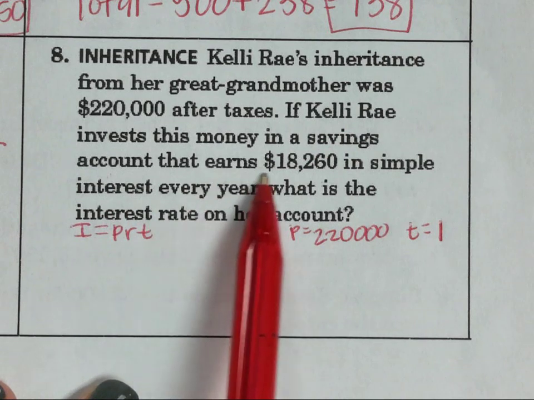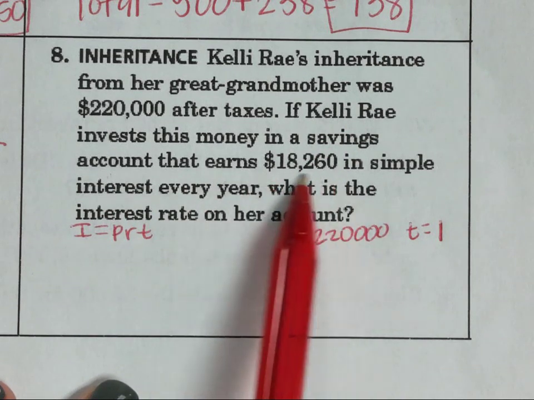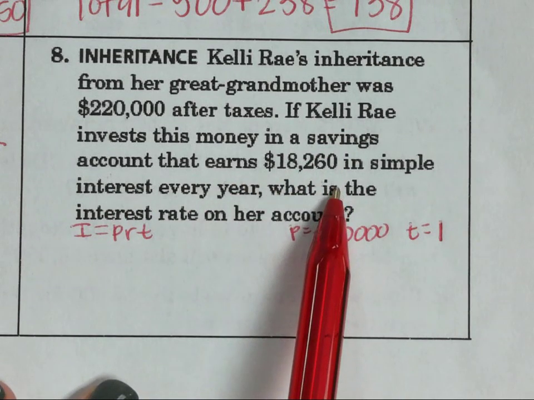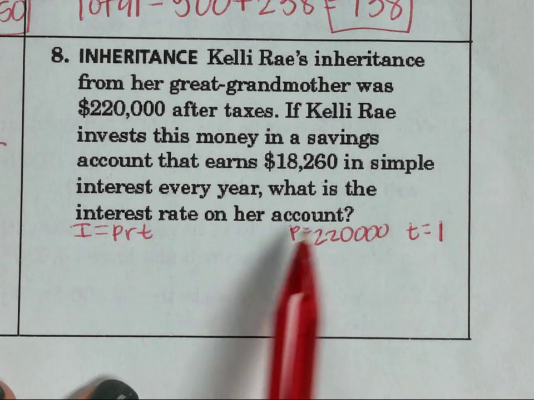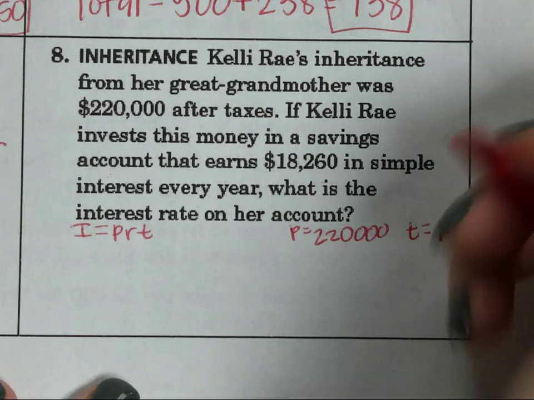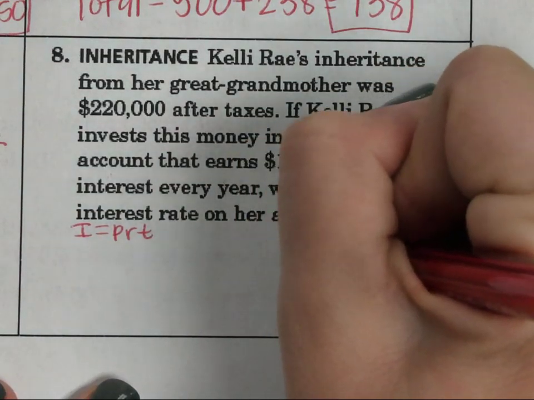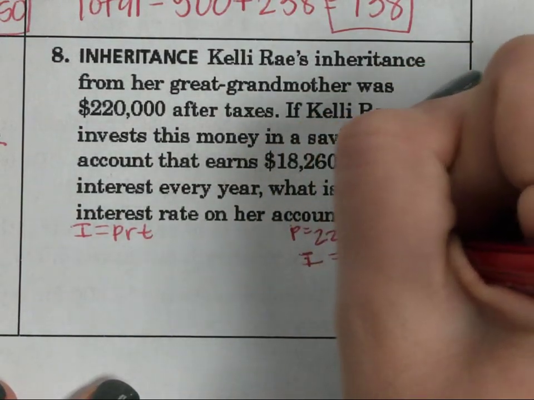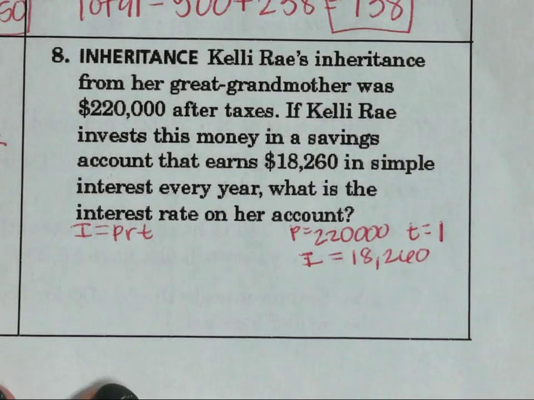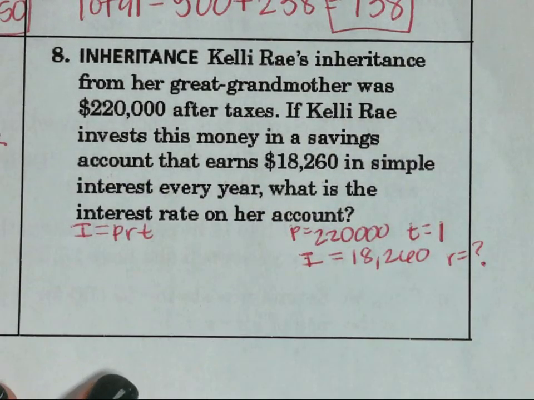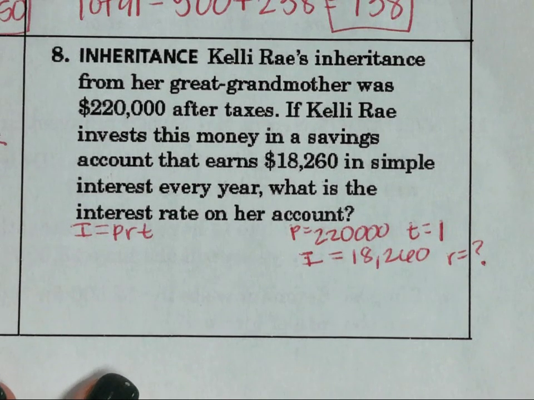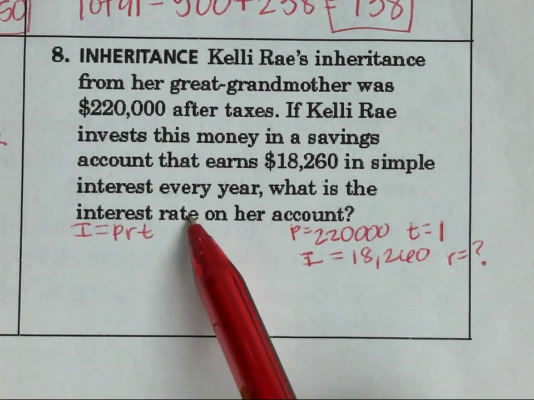So what variable is 18,260? I already found P and T. I is 18,260. Remember that R is what I don't know. That's what I'm solving for because I'm looking for interest rate.